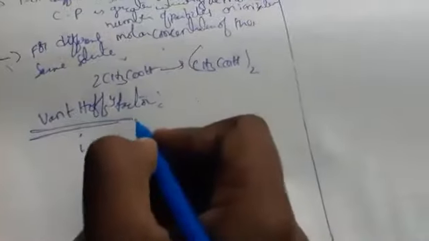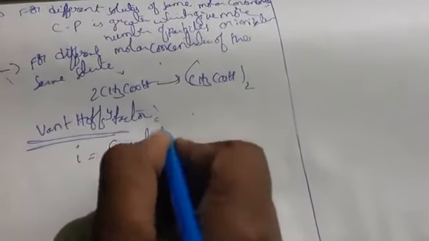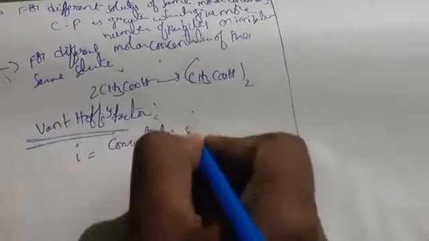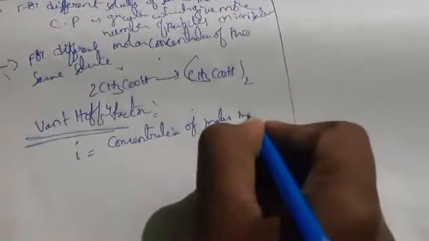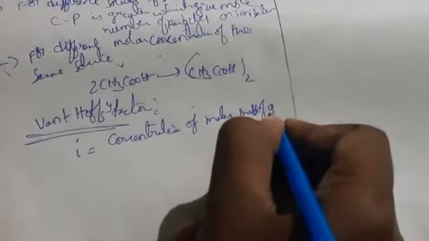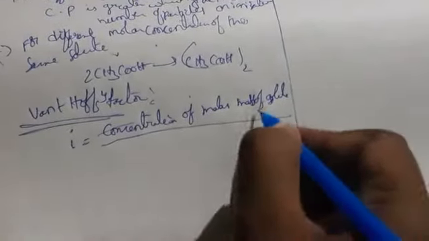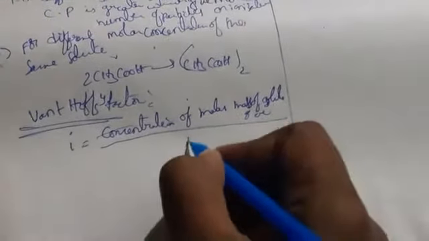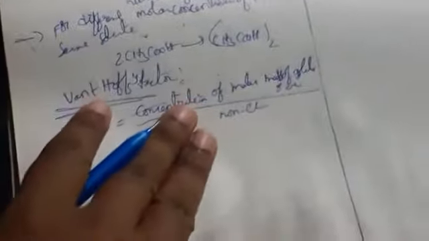So here, the molar mass of solute of an electrolyte to the non-electrolyte. Okay, molar mass of solute of the non-electrolyte. So generally we are having abnormal molecular masses.